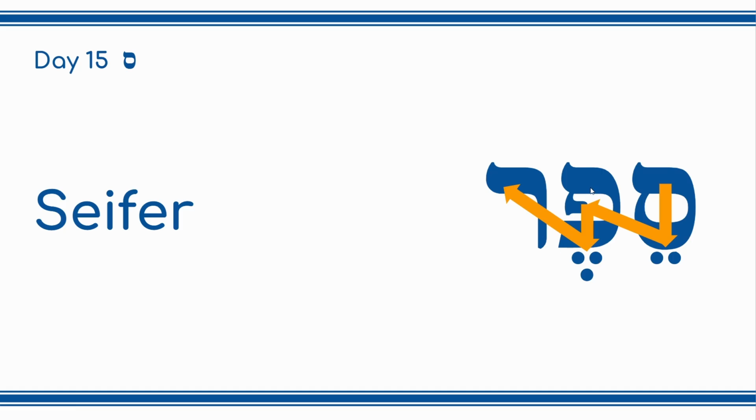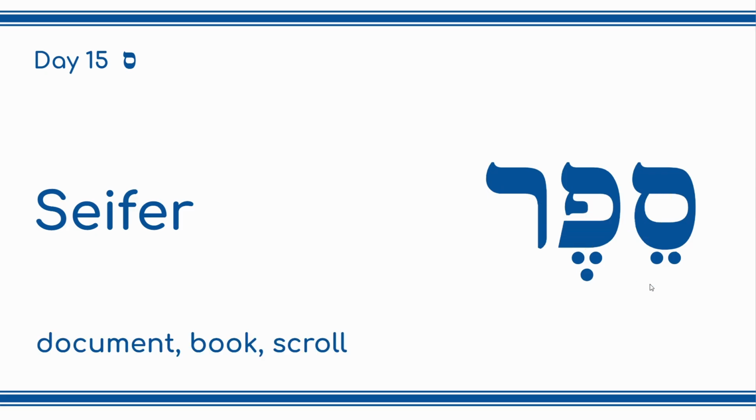So you have consonant, vowel, consonant, which makes it a closed syllable. You would pronounce it as fair. You have the f, eh, and the r. So you have say, fair. And the word is sefer, and it means a document, book, or scroll.